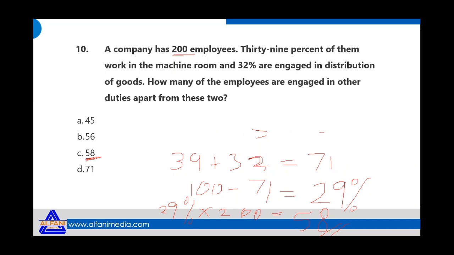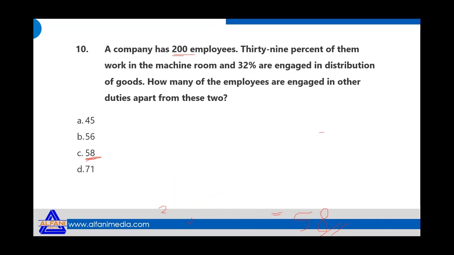All right, so let me quickly do that. Another way to do it is to do 32% times 200, and then 39% also times the 200.